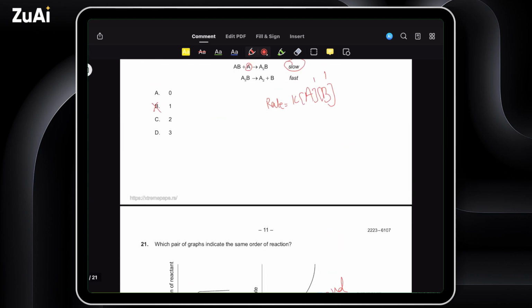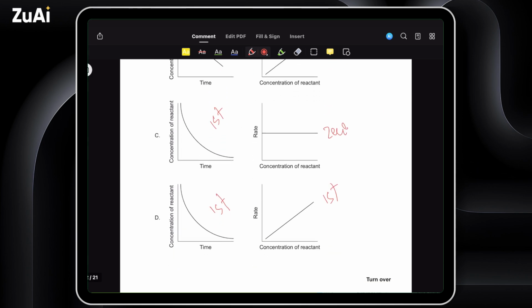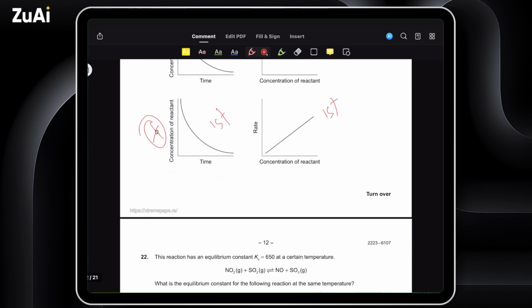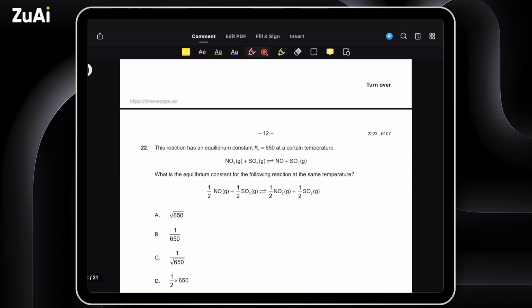So that's why we can say D is the answer.